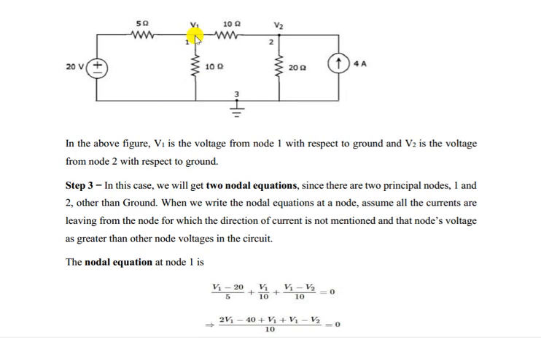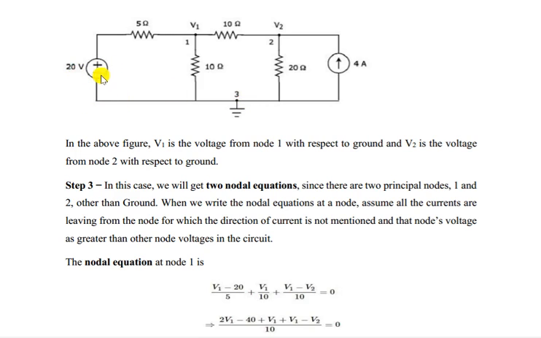Now we have to write the nodal equation at node 1. This is V1, and this is a series circuit, so the same current will flow. The voltage is 20 volt at this point because this is 0 and this value is 20.